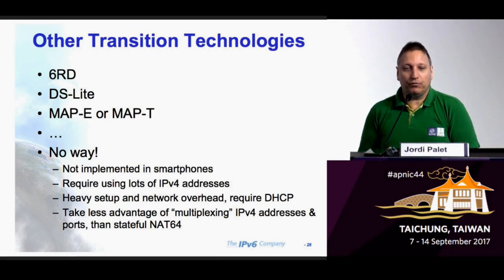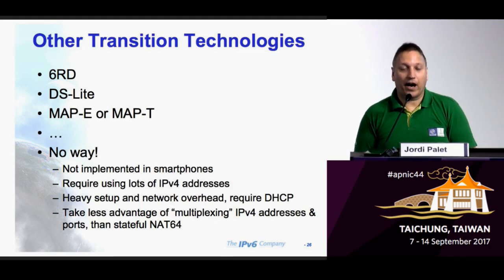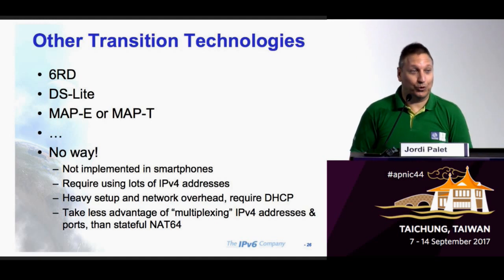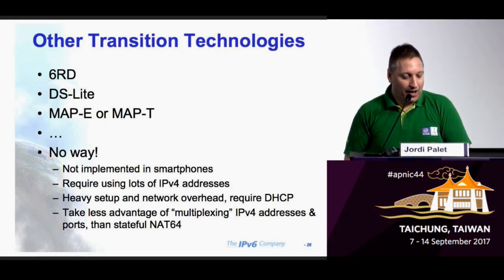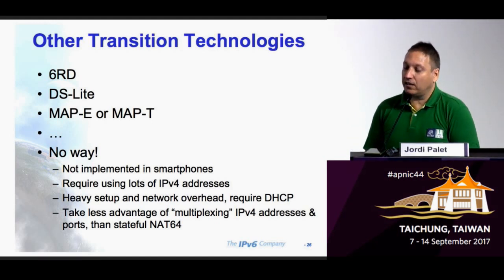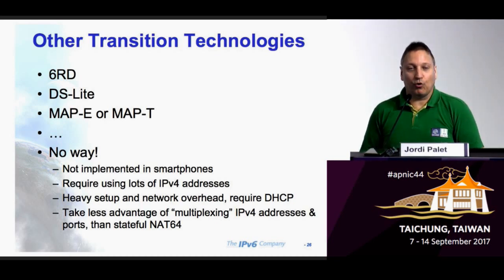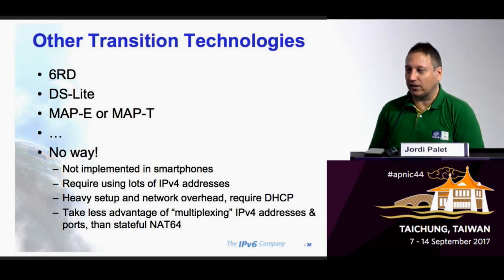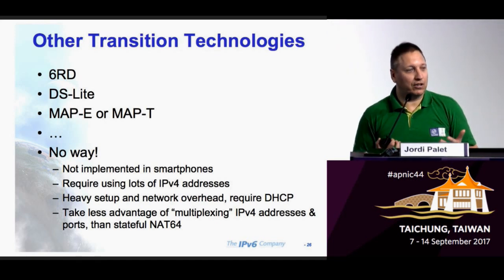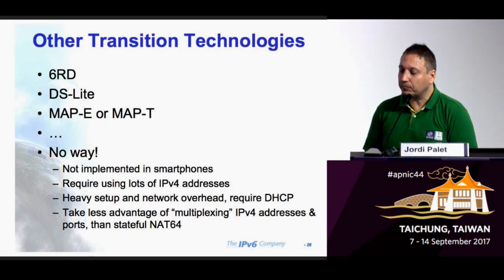Of course, the reason for that is because some of them, like 6RD, require using lots of IPv4 addresses. So again, this is the problem we are trying to solve. If you need IPv4 addresses, you don't want to use IPv4 addresses. They usually take a heavy network setup, which 464XLAT doesn't require anything special. We will see later on the details for 464XLAT deployment.